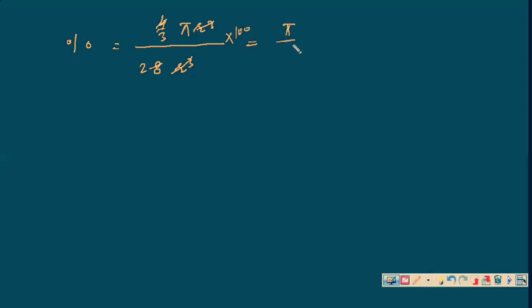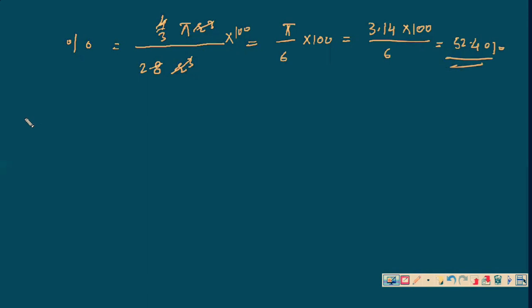Now put the value of pi, 3.14 into 100 upon 6. If you calculate this setup of equation, you will find 52.4%.